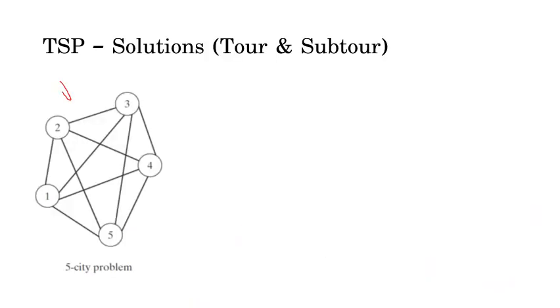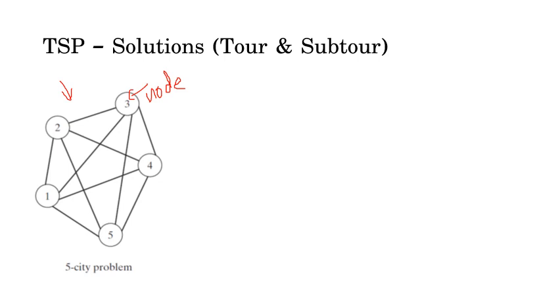So here is an example of a 5-city problem, the same example that we saw on the previous slide. And this picture shows a network, which means that every city is connected to every other city in the network. So this circle represents a city, or it is also known as a node.